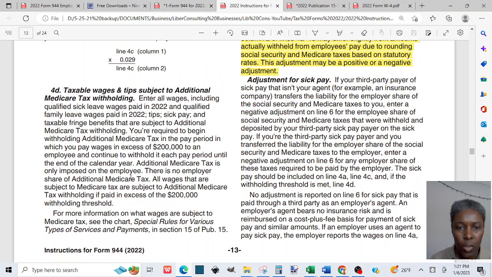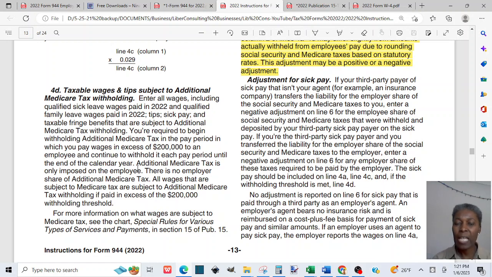Okay. All wages. So you are required to begin withholding additional Medicare tax in the pay period in which you pay wages in excess of $200,000 to an employee, and continue to withhold it each pay period until the end of the calendar year.